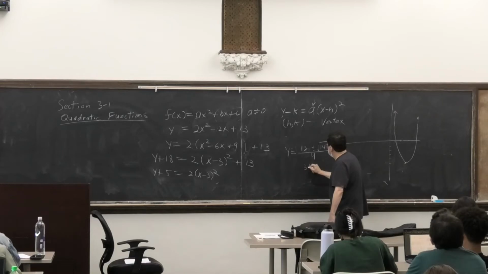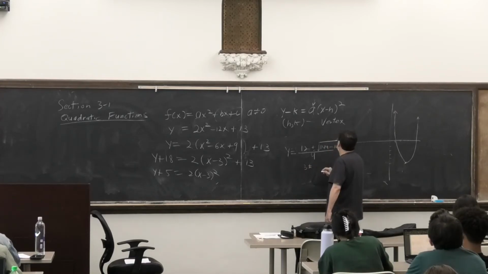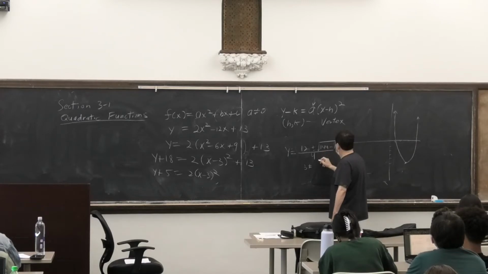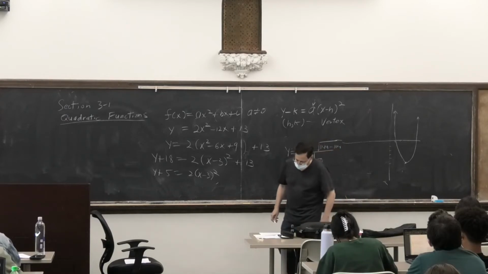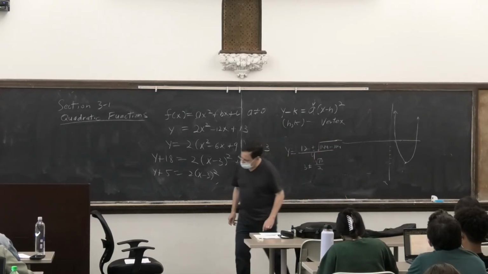We get 3 plus or minus the square root of 40 over 4. Square root of 10 over 2. Right? That's right.